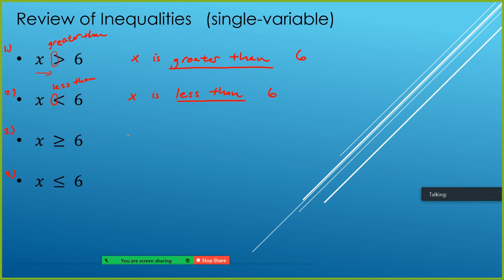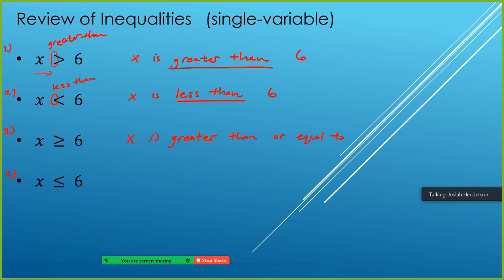You're fine. Go, Anaya, go ahead. Number 3 is greater than or equal to 6. Yes. Thank you for jumping in. And since you're here, what's number 4, if you don't mind? Less than or equal to 6. Thank you so much.